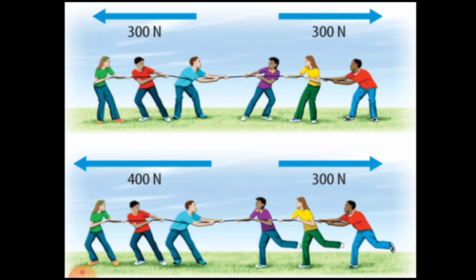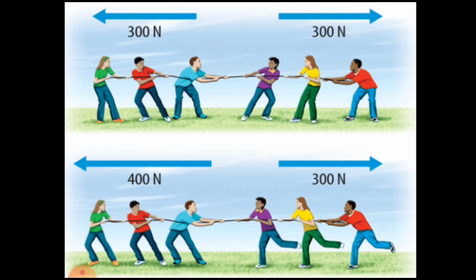As you have seen in tug of war, you all have seen this game. When we pull the rope towards our direction, if we apply equal amount of force on both sides, then the rope will not move. For example, what is the unit of force?